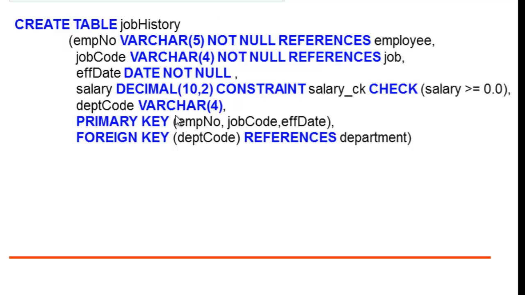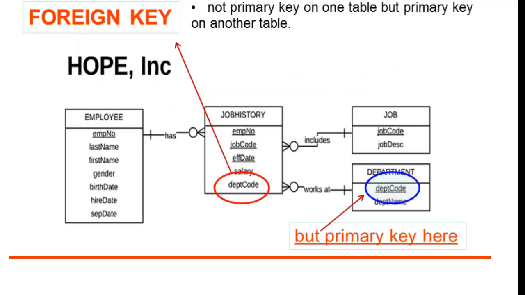Def code is set as foreign key. We limit the entry of def code column which has reference with department table. Foreign key is a non-key or not primary key on one table but primary key on another table. In our case, def code is the foreign key but references the department table, which has its own def code set as primary key.